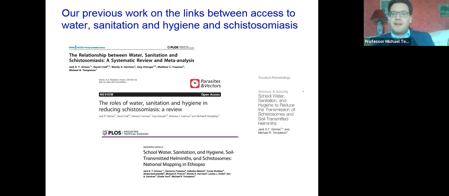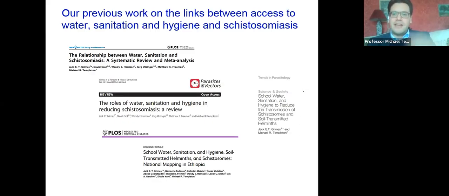I'm going to tell you a bit about a research project that was funded through the Global Challenges Research Fund. But before I do so, to summarize some work that we did before that. The first thing we did is what's called a systematic review and meta-analysis, which those of you who work in the medical field will know is quite commonly done in medicine, where you look at all of the studies that have been published on a particular topic, linking factors to a certain health outcome, and you combine the data from all those studies in what's called a meta-analysis.